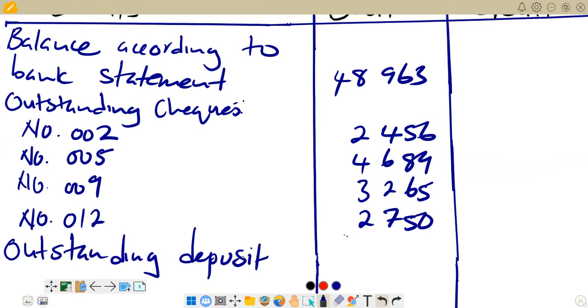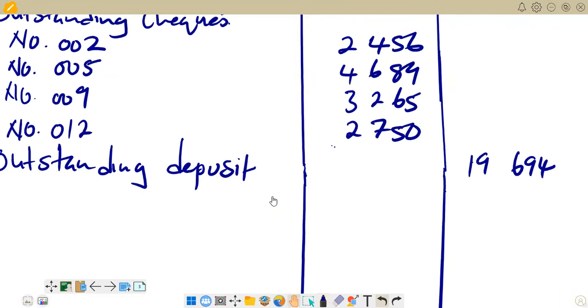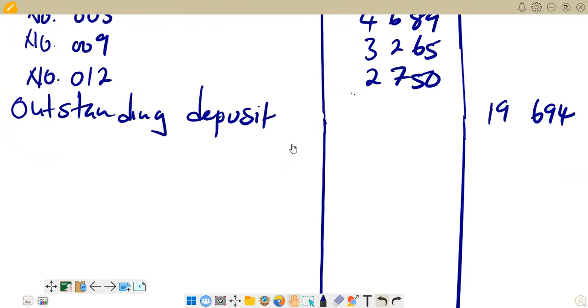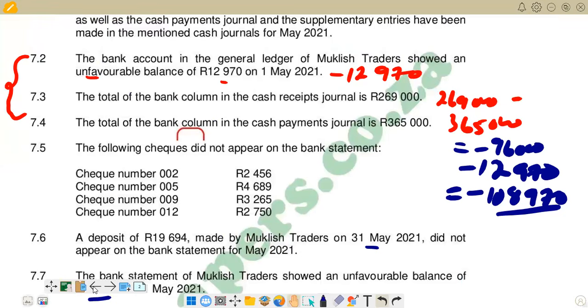And remember, when it's a deposit, it's supposed to be on the credit side, and this was not even recorded, so it's supposed to be on the credit side. So we put it on the credit side, and we've got 19,694. So that's what we have there, and then we'll try to see what we have there next. According to the question, we'll go back to the question to see other adjustments that are there.